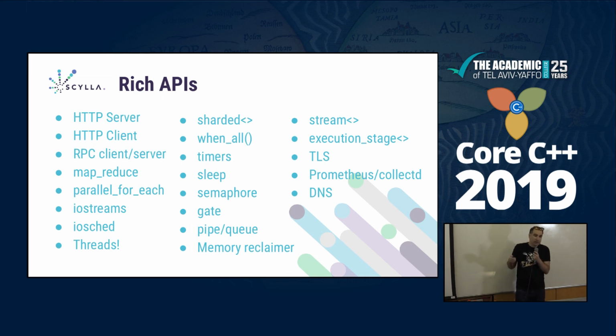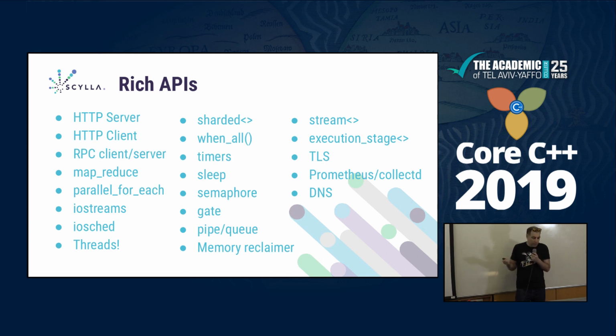There are streams. They're the equivalent of C++ I/O streams, except that they are futurized. They're asynchronous. So when you issue a read, it will return a future immediately, but the contents of that future might only be available when the I/O actually happens. I mentioned threads. There are some primitives that allow you to easily take an object and run it in parallel on all of the cores in your system.